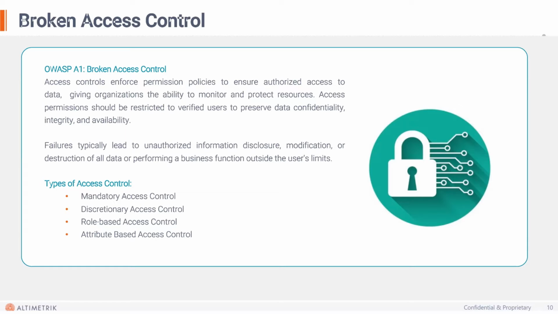Access permissions should be restricted to verified users to preserve data confidentiality, integrity, and availability. But failures typically lead to unauthorized information disclosure, modification, or destruction of data, or performing a business function outside the user's limits.